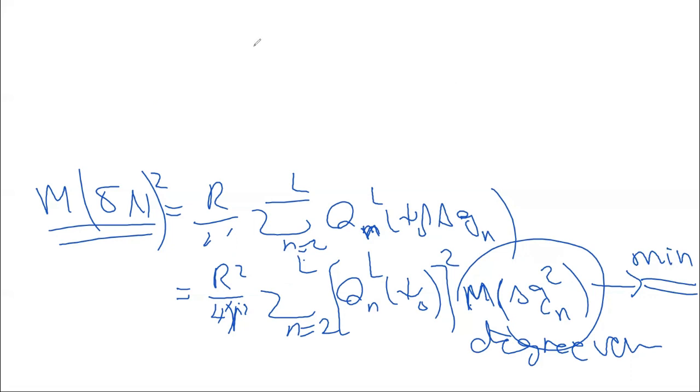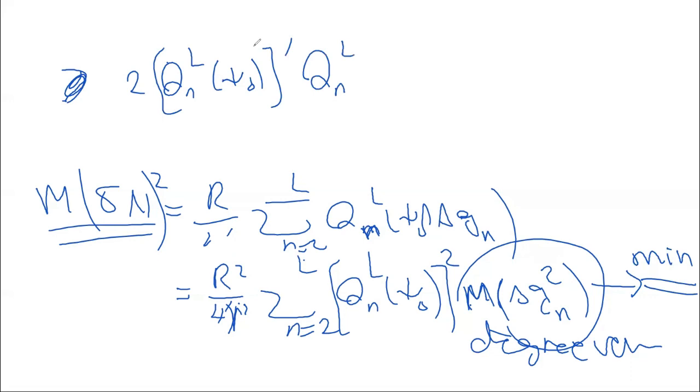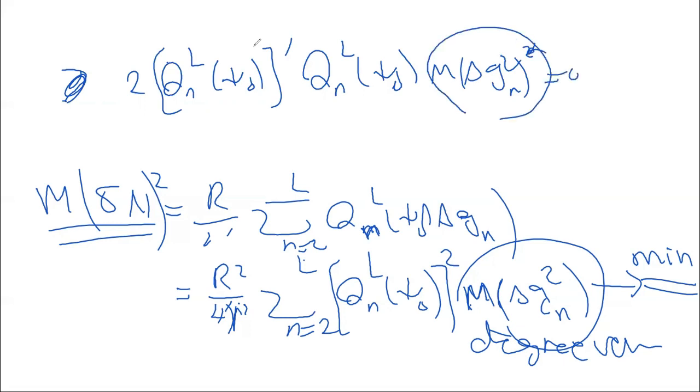So I'll take the derivative, it will be m of QnL psi prime QnL psi 0, m delta G n squared. The square is to be inside is 0. This term has no effect, the multiplication, and here we have S parameters here and here, and 2 has no effect either.